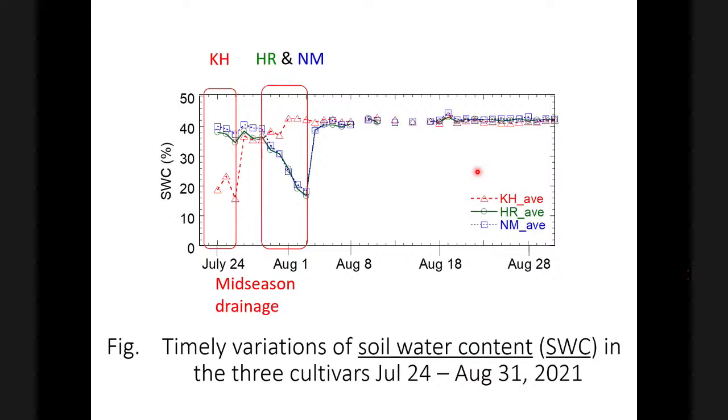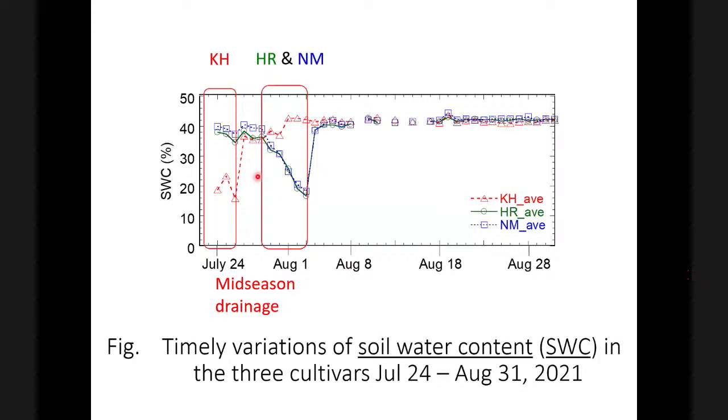Now let me show the soil water content. Although the rice plant is normally watered, to make the plant strong, the paddy field is dried for a couple of days up to one week. This is called mid-season drainage. Our plants in the boxes also underwent mid-season drainage, as shown here.